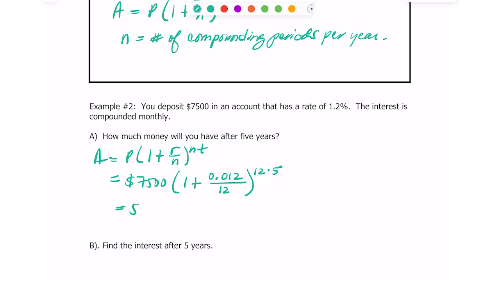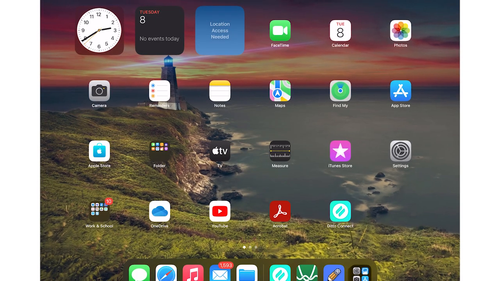So really this is 7,500 times, let's figure out what 1 plus 0.012 divided by 12 is.